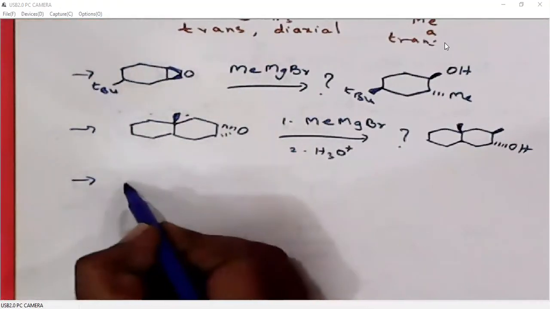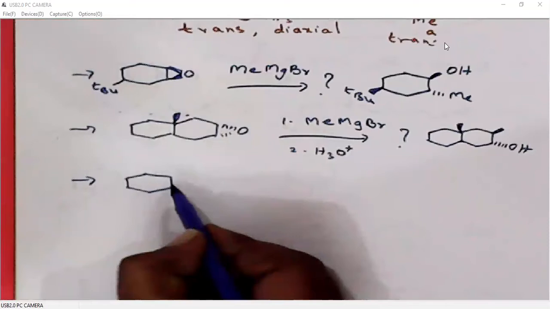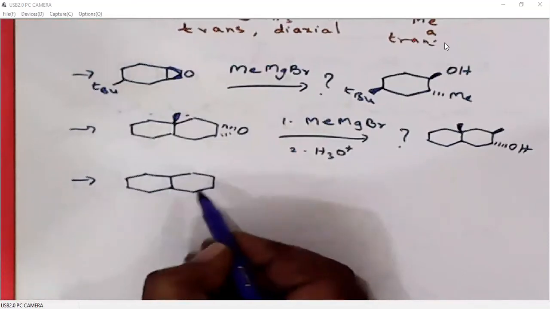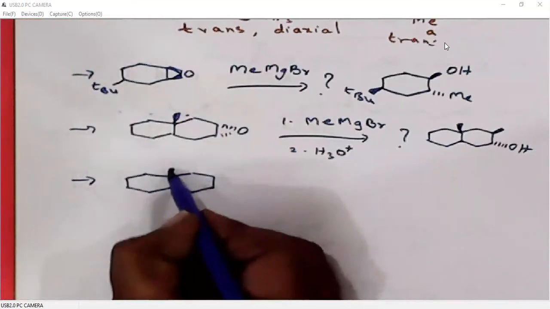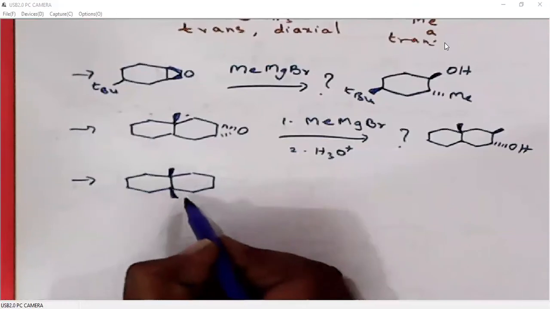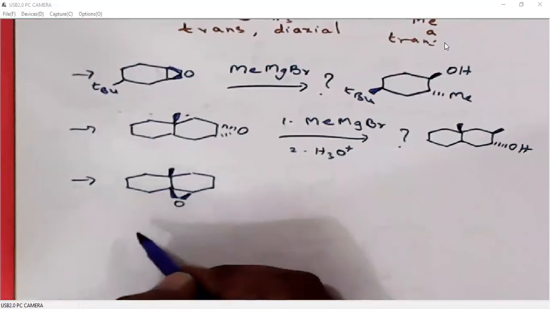I'll give you a similar problem where the epoxide first undergoes rearrangement in the presence of Grignard reagent.